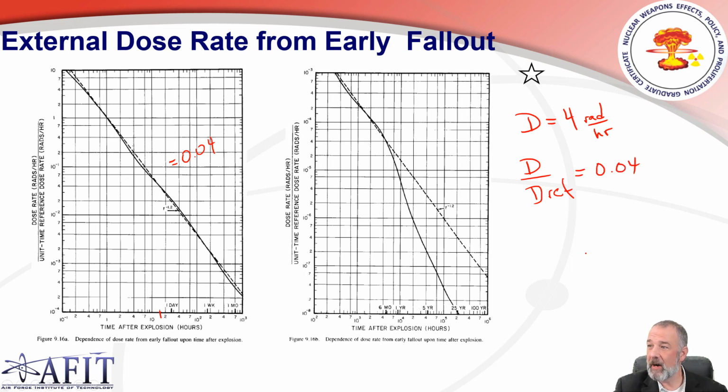So if we wanted to figure out what our reference dose was, we just divide the dose that we have by our reference dose, and what we end up coming out with is a reference dose.